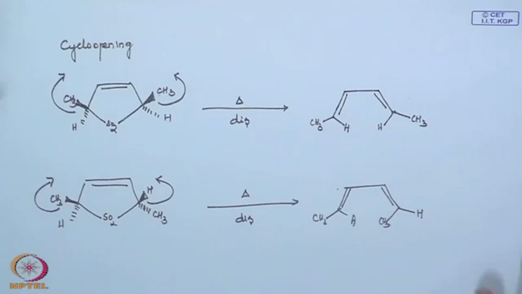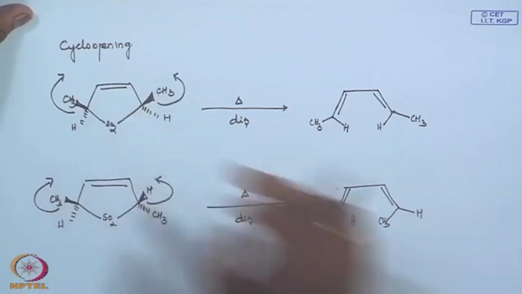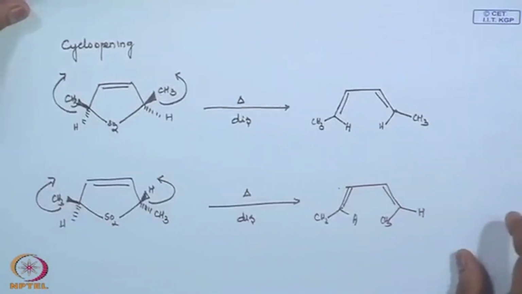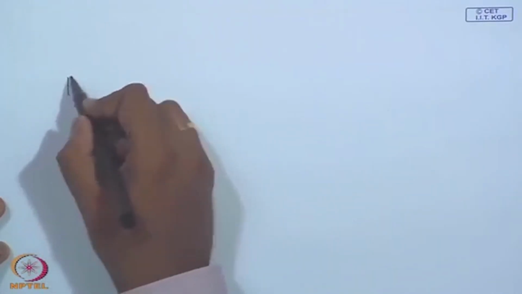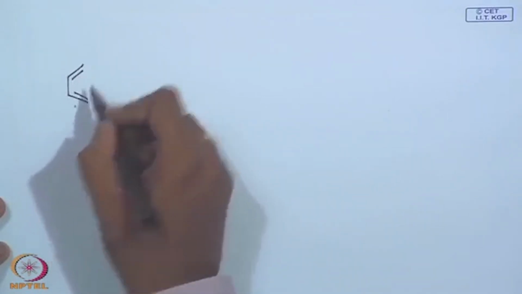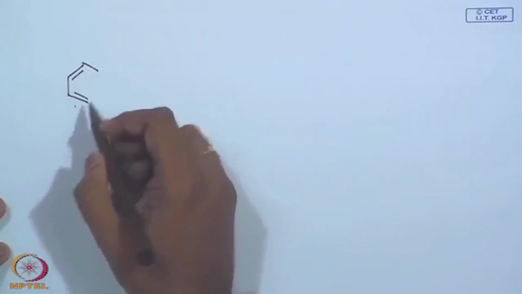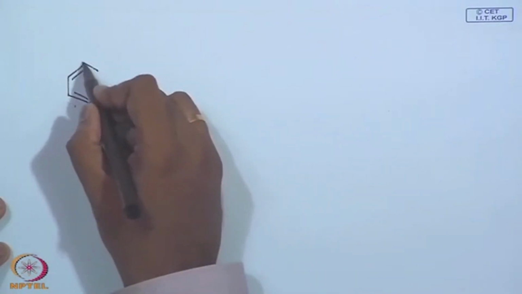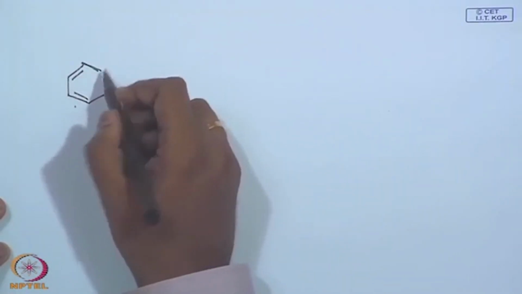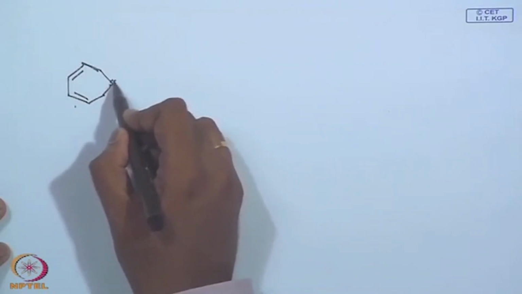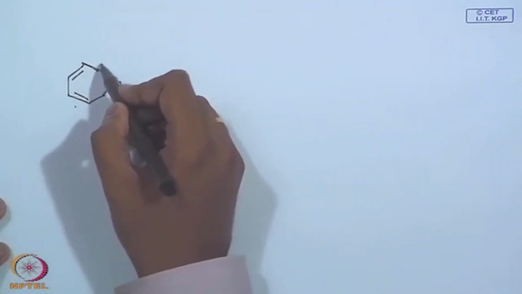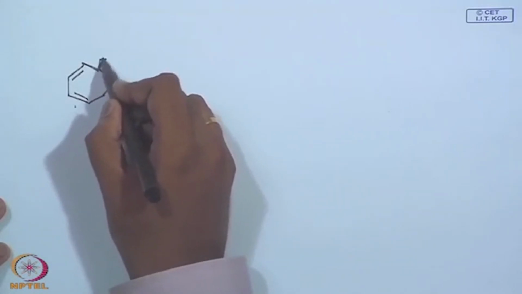See, this is for your 4n system. Same way, if I take a 4n+2 type of system, for example, it cannot go for a diene, that is more like an alkene. If I take it for a diene type of system, we will fix the hydrogen and methyl here.